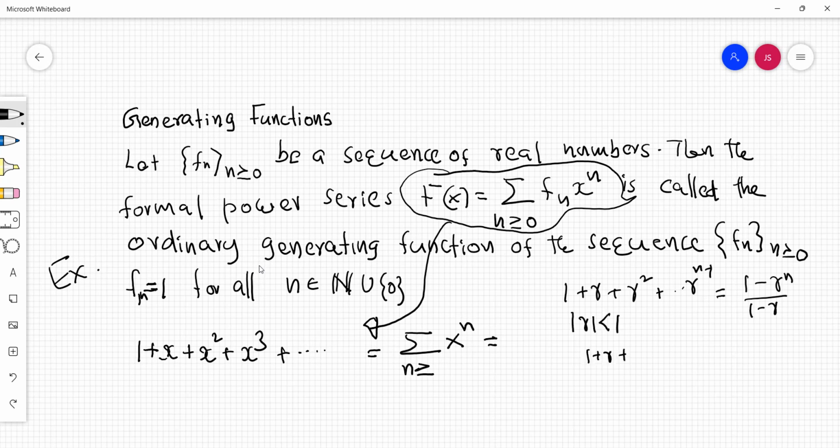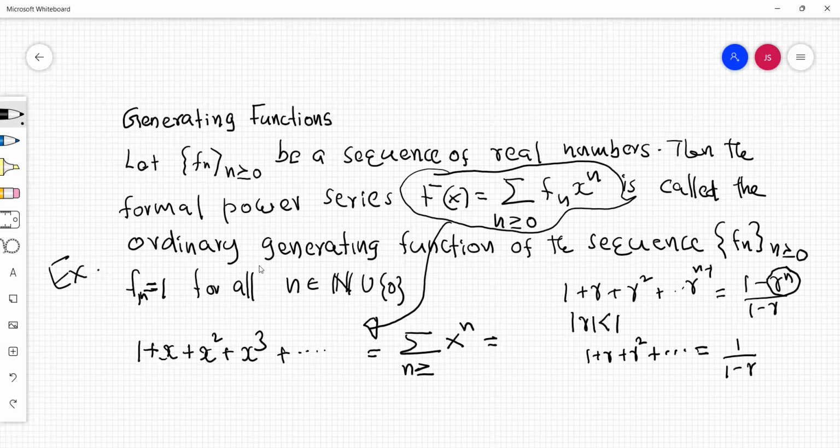What is the summation of this infinite sum? Here we are considering the infinite sum, not the finite one. It is 1 over 1 minus r, because r^n becomes 0 when n goes to infinity. That happens only when mod r is less than 1. Otherwise, the series doesn't converge.